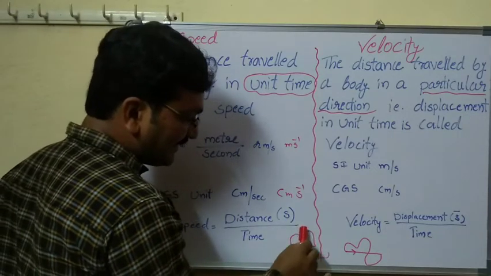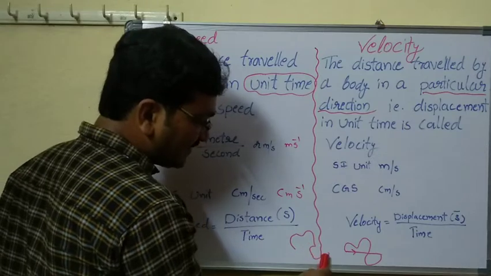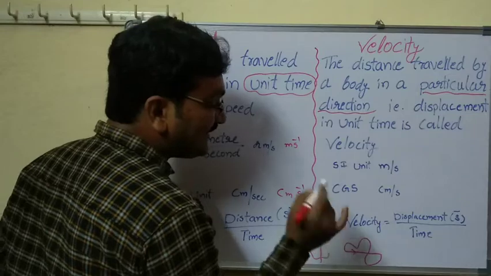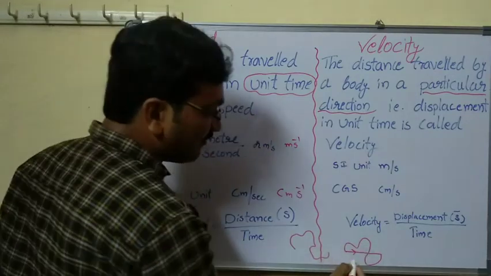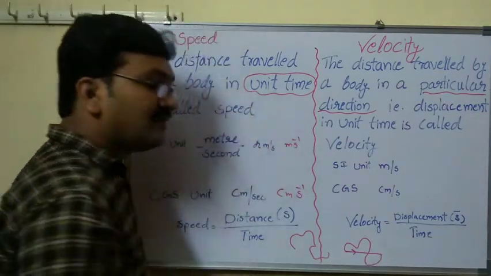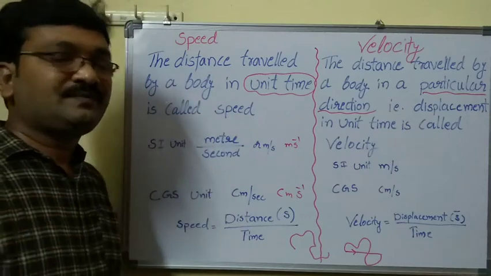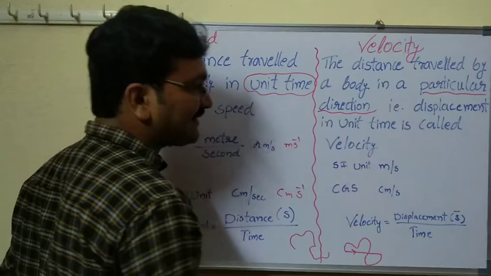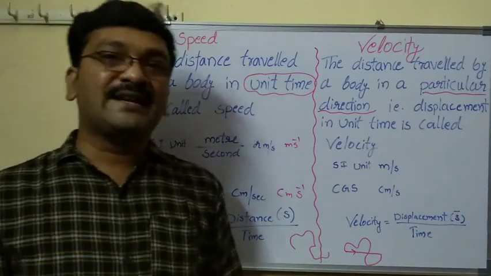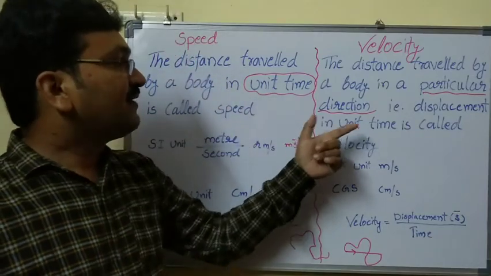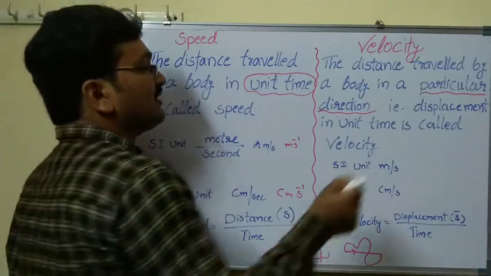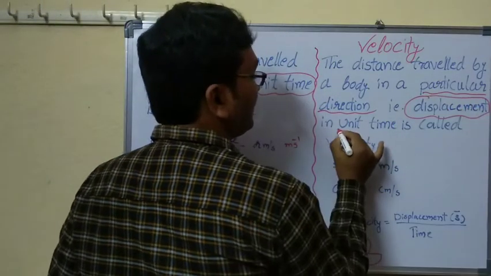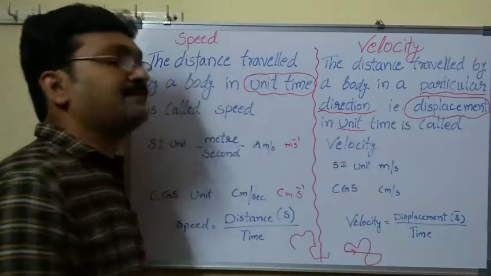For speed, the total distance we calculate. For velocity, we take only the displacement, from initial to final, the shortest one. So everybody must recognize and remember these two things.